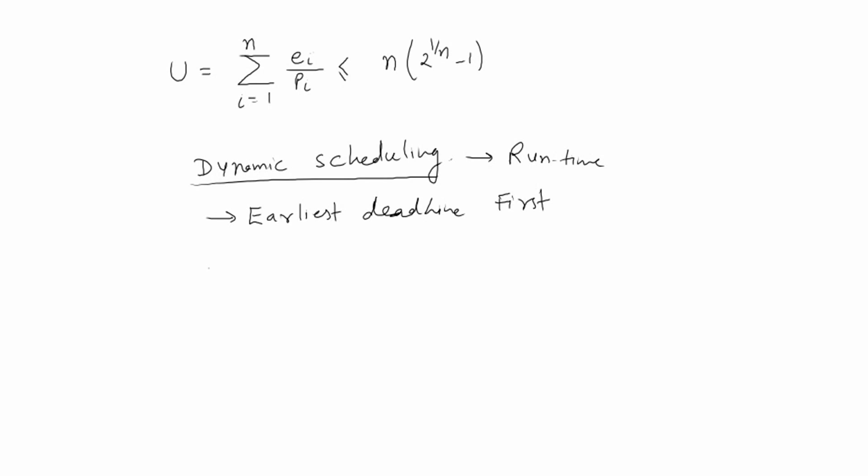There is also a minor variation, another algorithm that does the same thing, called least laxity. We know what laxity is: if the task is executed before the deadline, whatever time remains is called laxity.